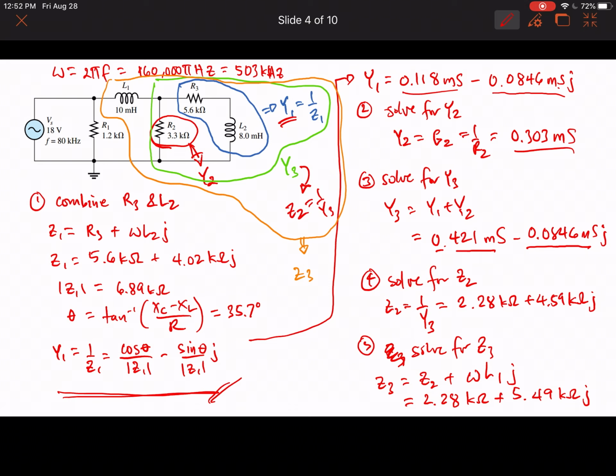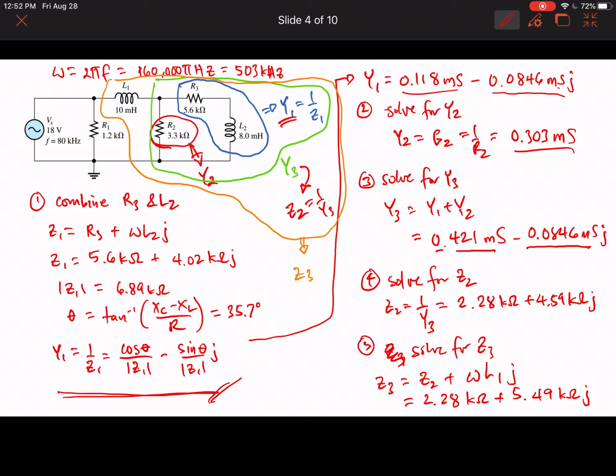Okay, now again, Z3 is an impedance that was solved using a series circuit, but this equivalent circuit is in parallel with R1, so we need to get the reciprocal of Z3 first, okay, in order to solve for the equivalent of Z3 with R1.